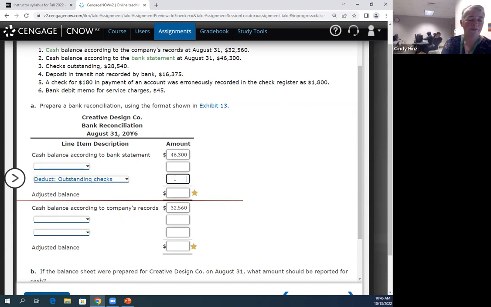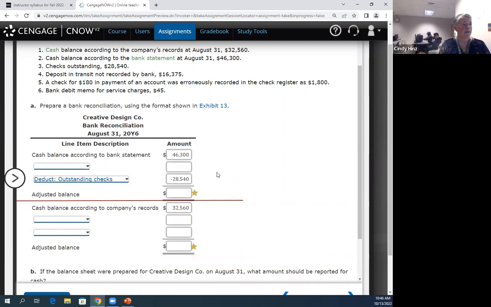And so if they knew what we knew, the balance in our bank's account would be $28,540 less. Does that make sense? It's not a mistake, it's just a timing difference. We wrote the checks, they haven't cashed them yet. We took them out of our records to show we already spent that money and we recorded the expense, but they haven't cashed those checks yet, whoever we mailed them to.